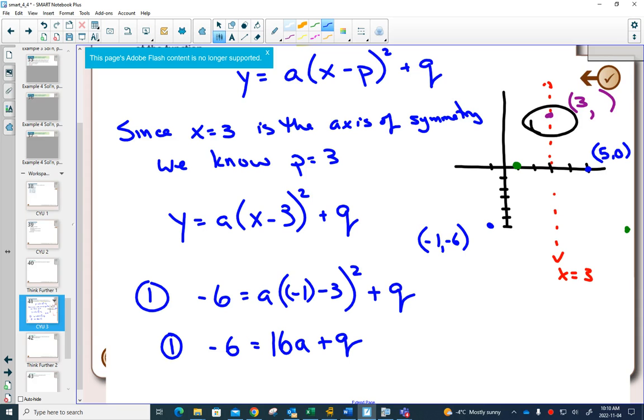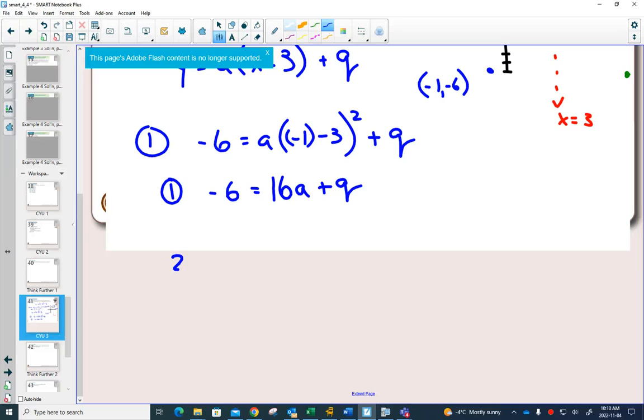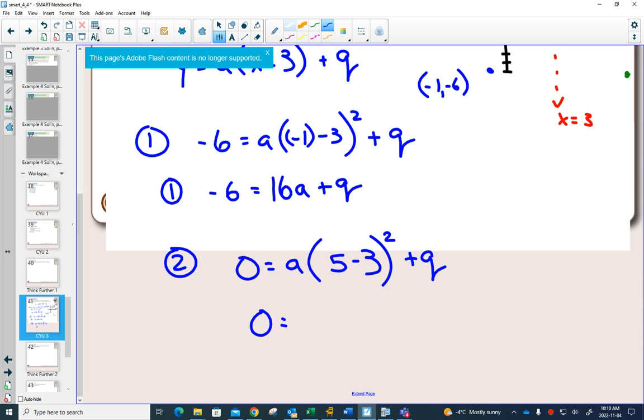There's my equation 1. Equation number 2, I could plug in the other value. The other value says when x is 5, y is 0. So I plug in 0. Five minus 3 is 2. 2 squared is 4. So there's my simplified equation 2.